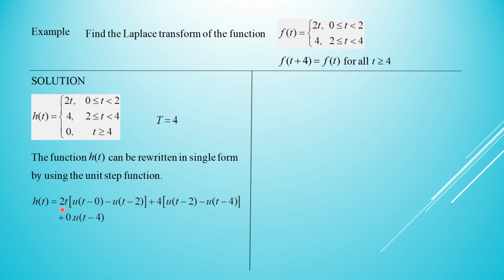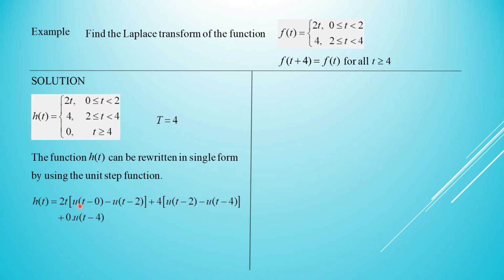Okay, so 2t multiplied by u(t minus 0) minus u(t minus 2), plus the second function given by the constant 4 multiplied by u(t minus 2) minus u(t minus 4). Okay, the endpoints for this subinterval are 2 and 4. And lastly, the last function in the last subinterval is 0, so 0 multiplied by u(t minus 4). Now, since 0 times anything is 0, we can actually disregard this term.